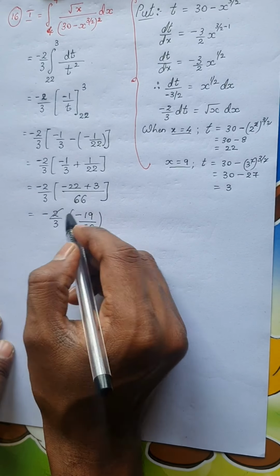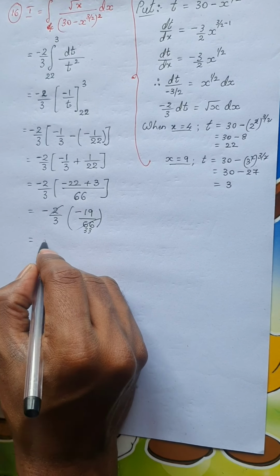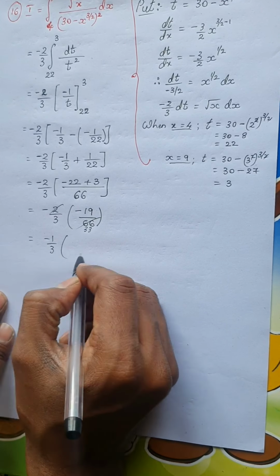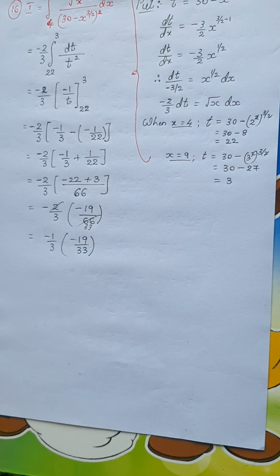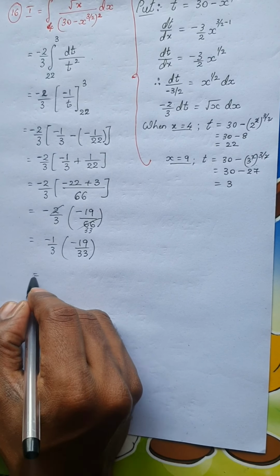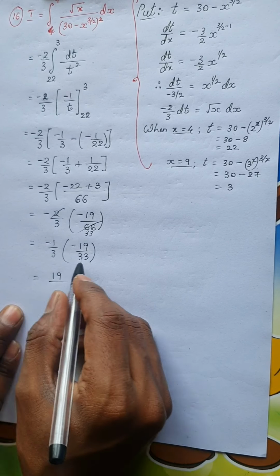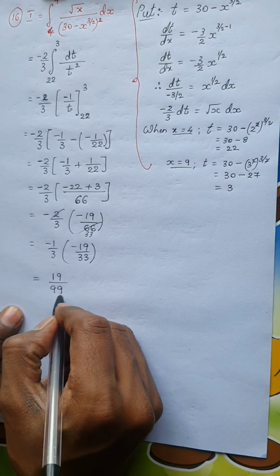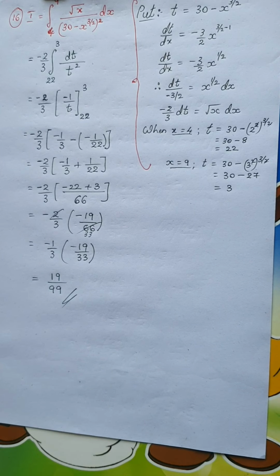You can divide here, 2 ones are 2 and 2 33s are 66. So you are left over with minus 1 by 3 into minus 19 by 33. So the final answer for this question would be, minus of minus becomes plus, 19 ones are 19 and 33 threes are 99. Is it clear?